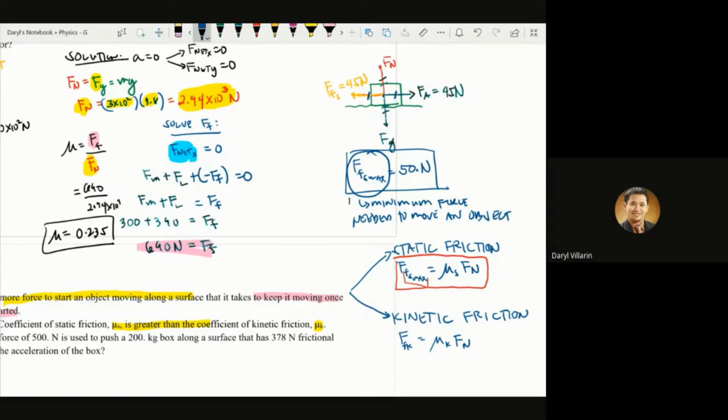That means that if you exert that much force, it is now on the brink of moving. Once it moves, what is present there is already the kinetic friction. And the kinetic friction is given by a different formula, but again, it has a basic form: it's just the product of mu and the normal force.